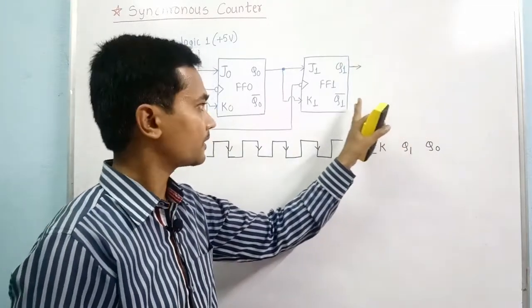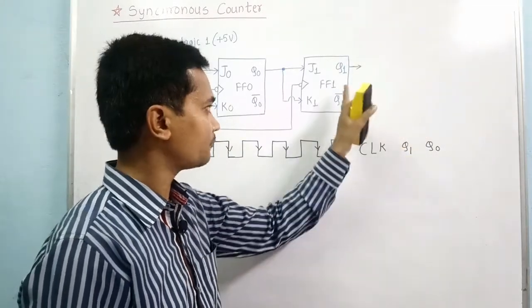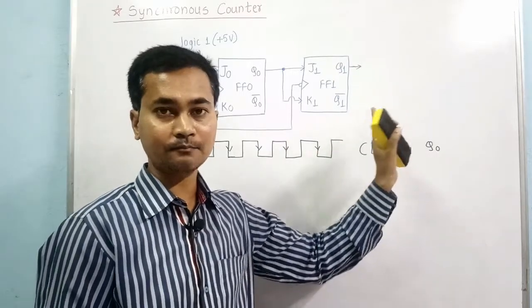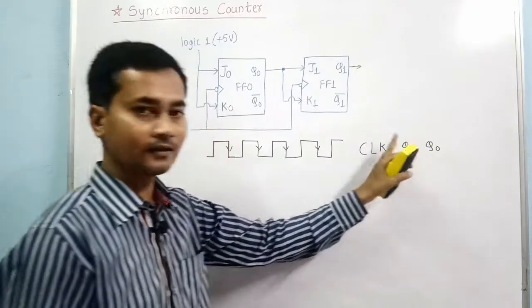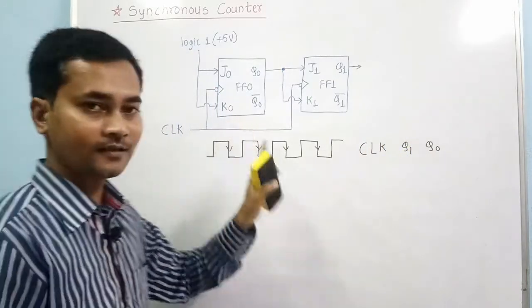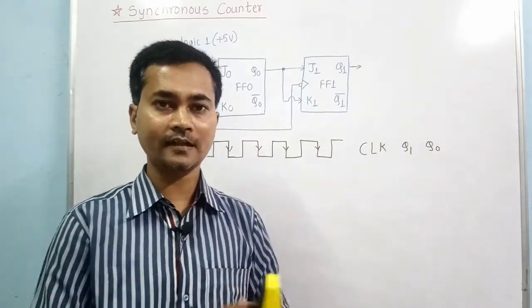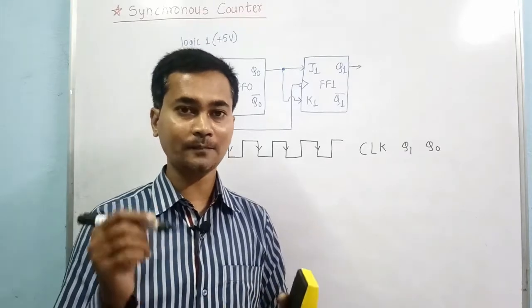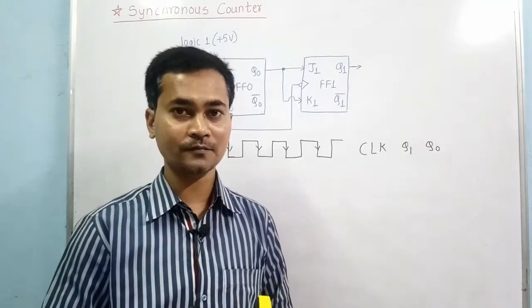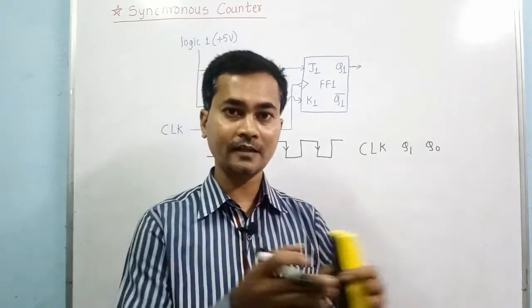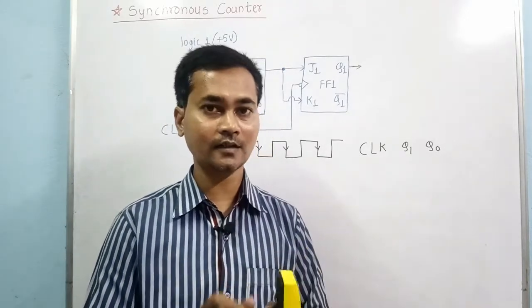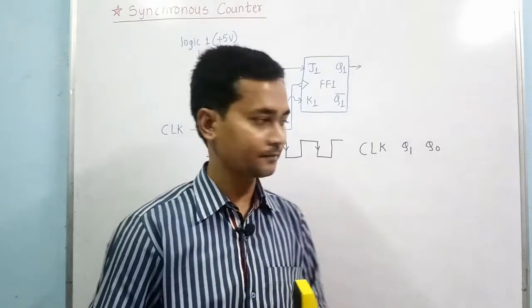The flip-flop at the rightmost side is considered the most significant bit, MSB, and the flip-flop at the leftmost side is considered the least significant bit, because the clock is applied to the least significant bit first. You just remember this concept.